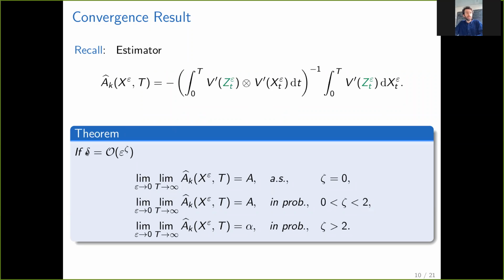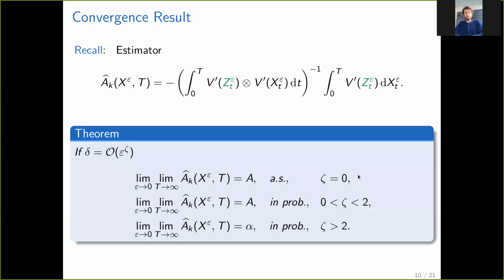Then we can prove that if you take the filtering width to be equal to epsilon to the power of zeta, where zeta serves the same role as in the subsampling case, then in case zeta is equal to 0, so delta is independent of epsilon and doesn't go to 0 with epsilon, the limit asymptotically in time and in epsilon of the estimator is equal to A almost surely.